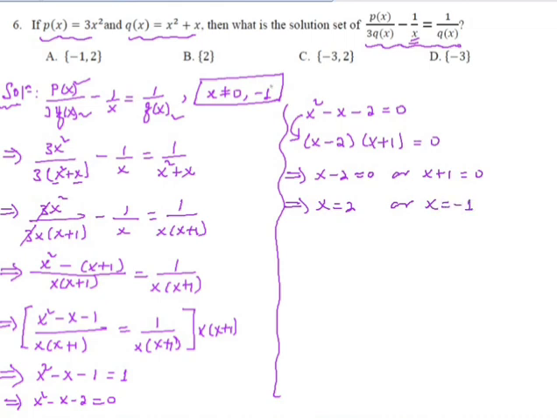But minus 1 is in our restriction. We cannot take x equals minus 1 because the equation will be undefined at minus 1. So the only number that we can take as a solution is x equals 2. Therefore, our solution set will be a set containing 2. So our answer will be 2.